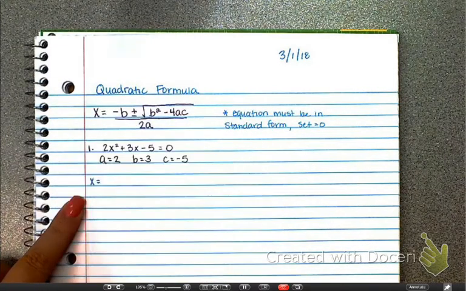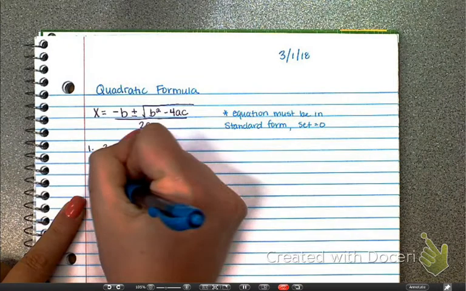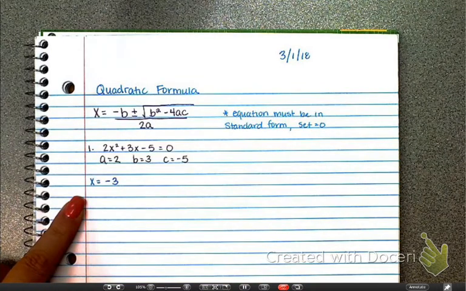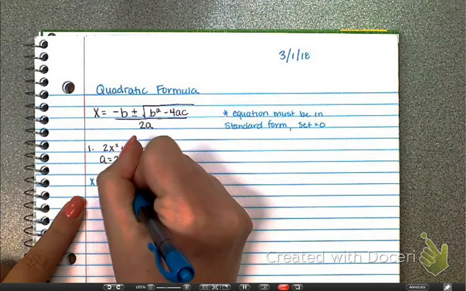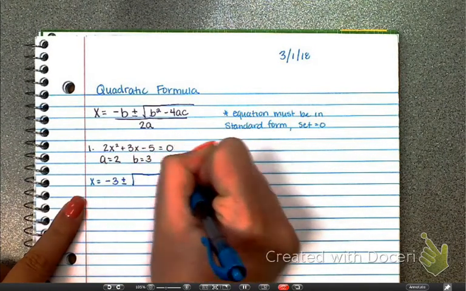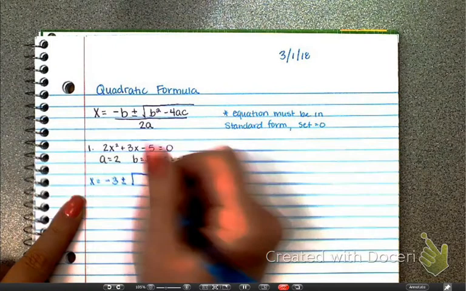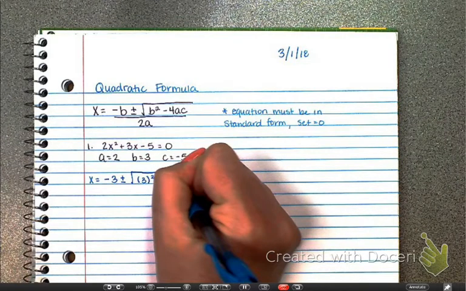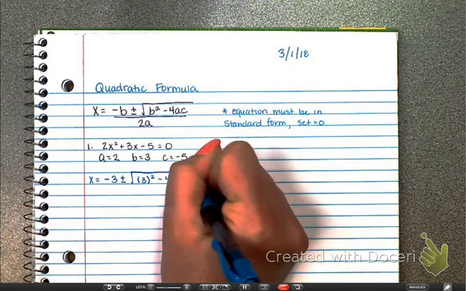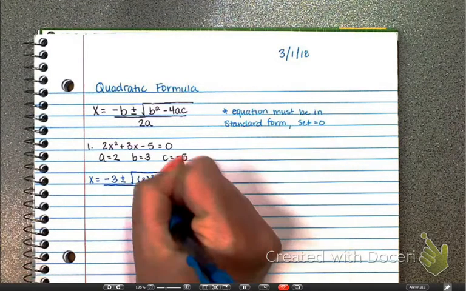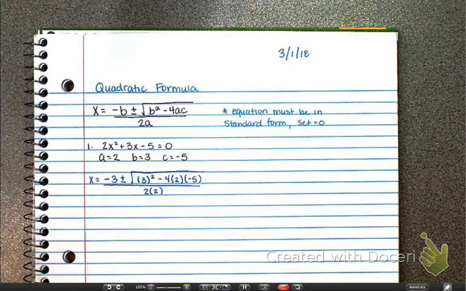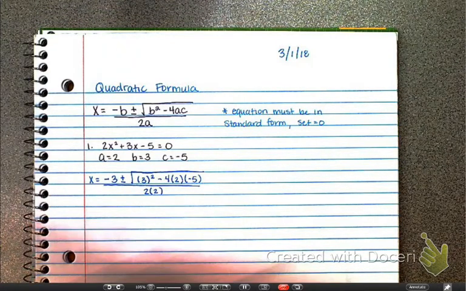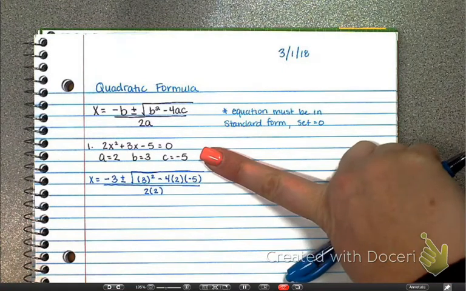X equals negative B plus or minus the square root of B squared minus 4 times A times C all over 2 times A. So I literally replaced A, B, and C with the A, B, and C I identified here. Are we okay with that step?